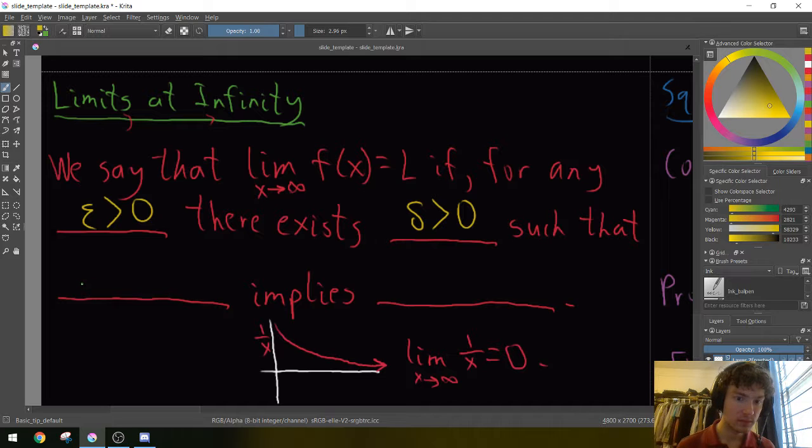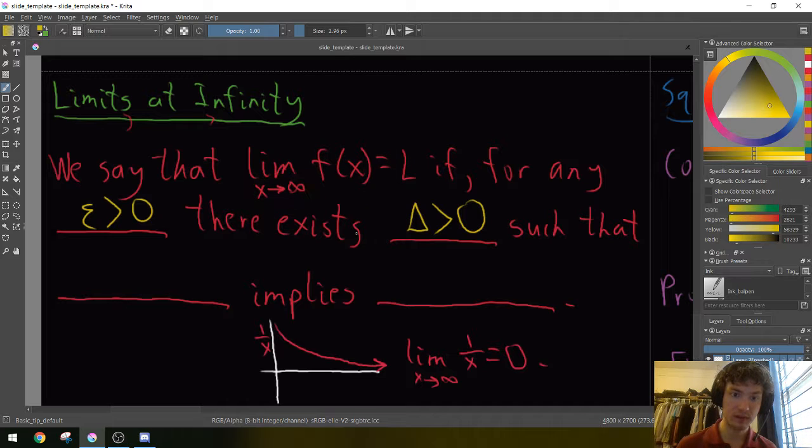I think it might also help if we use a different letter, because I think of delta as a small quantity, right? Lowercase delta is like a small number. So maybe we should call this a capital delta, which is some big thing. If I want to prove that the limit as x goes to infinity exists, I need to prove that to make this function close to L, I can take x large enough.